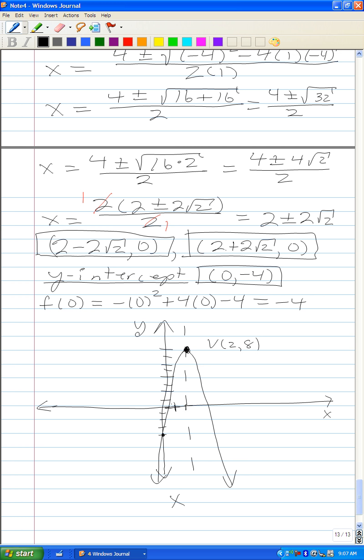So the axis of symmetry is x equals 2. The intercepts, all right, that's going to be negative 4. And this is going to be 2 plus 2 rad 2, wherever it is. And then this is 2 minus 2 rad 2, which is negative. Wait, this doesn't make sense. 2 minus 2 rad 2 is negative.